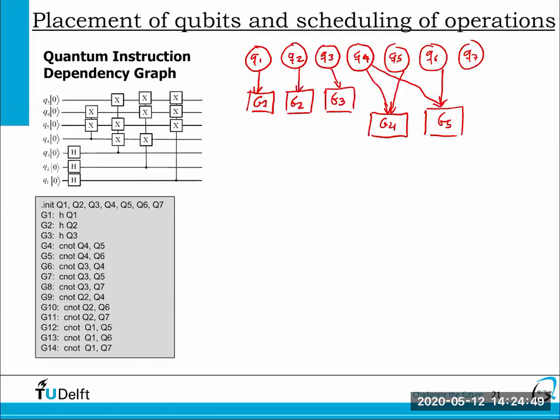Any questions so far? No? Is it clear for everybody why, for example, I put G4 and G5 on the same level and didn't put a dependency between them? Because there is Q4 in common, right? They use the same qubit.